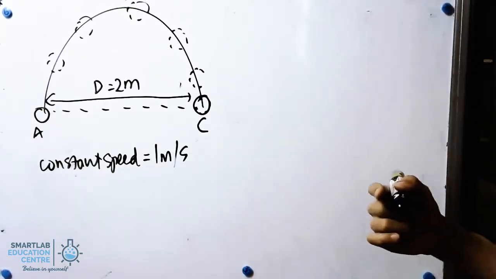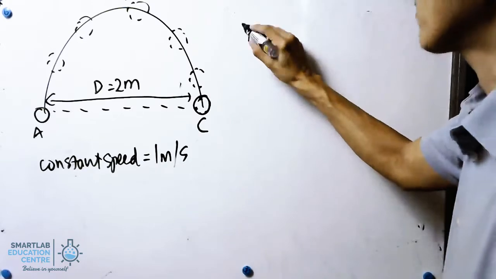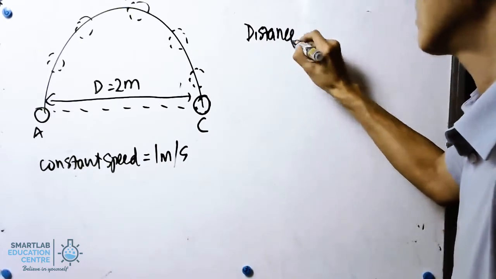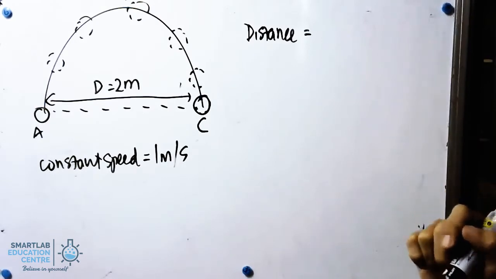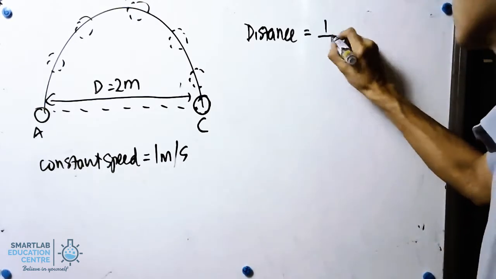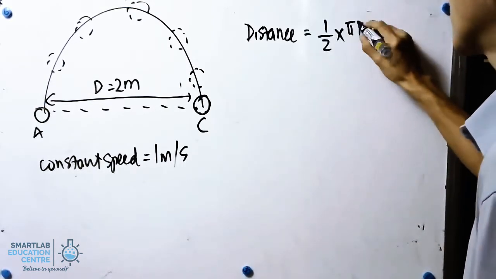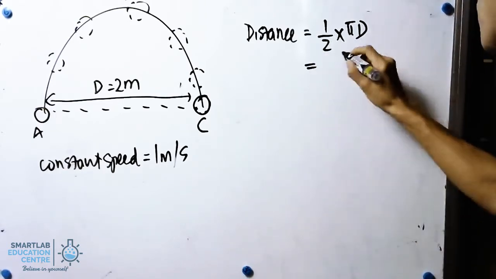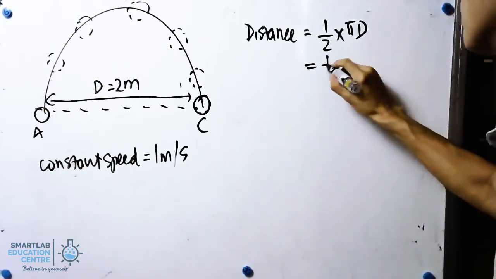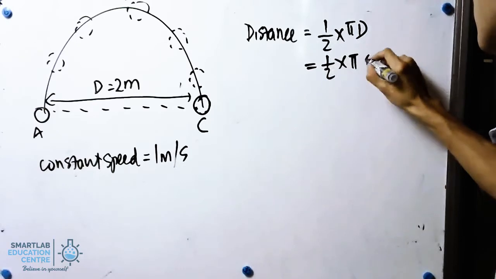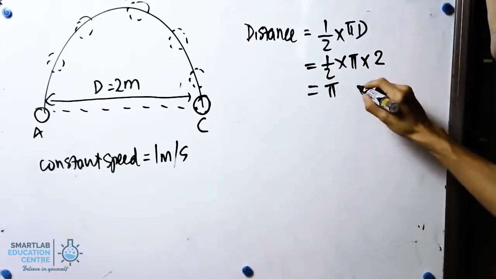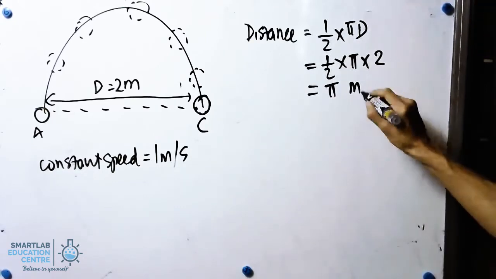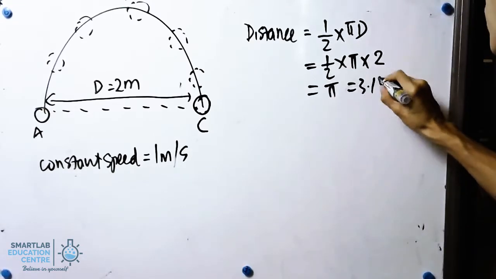You could see that in this case, the distance traveled will be half the circumference of a circle. So that will be half times pi times d, and that will be just pi meter, which is actually 3.14 meter.